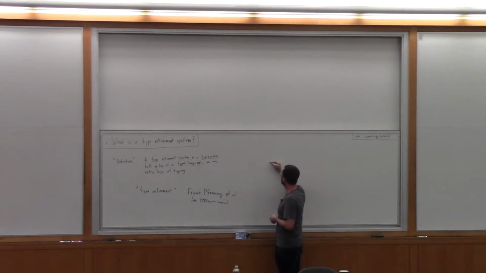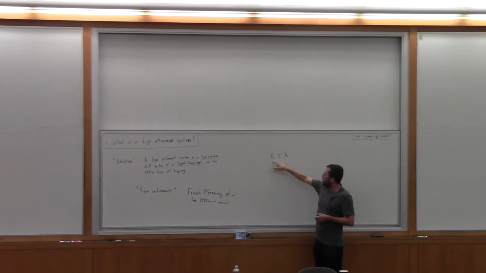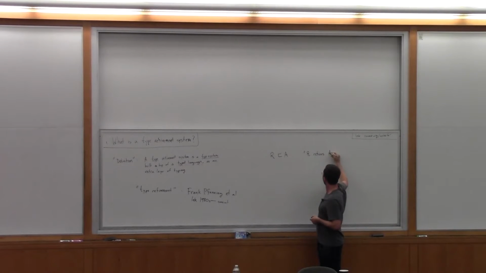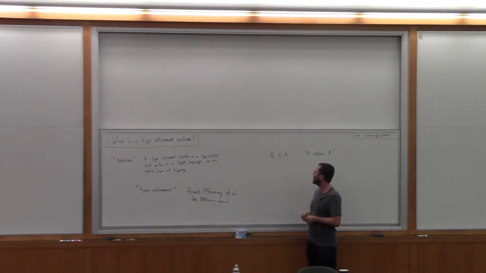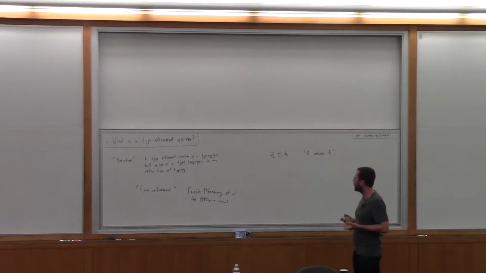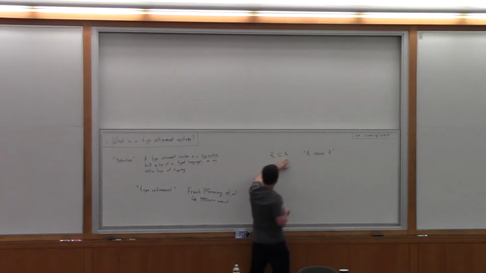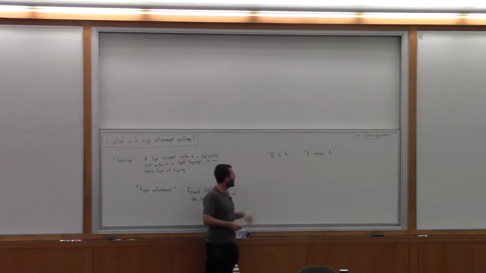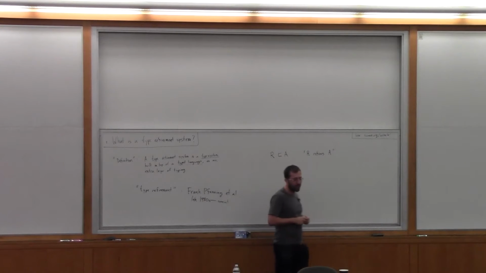The basic intuition is that when I write something like this, you read it as R refines A. These are two types, and R refines A. The intuition is that R is some property of A's. A is some type of object, and R is a property of that object.